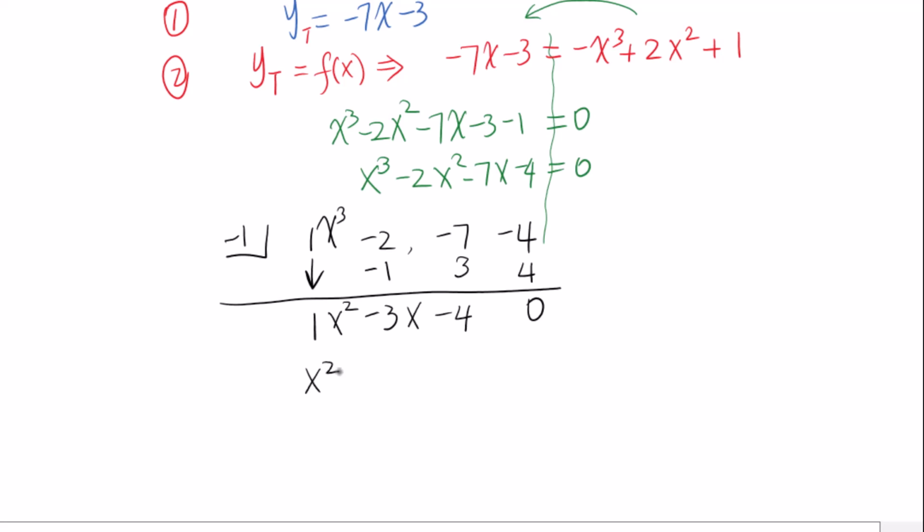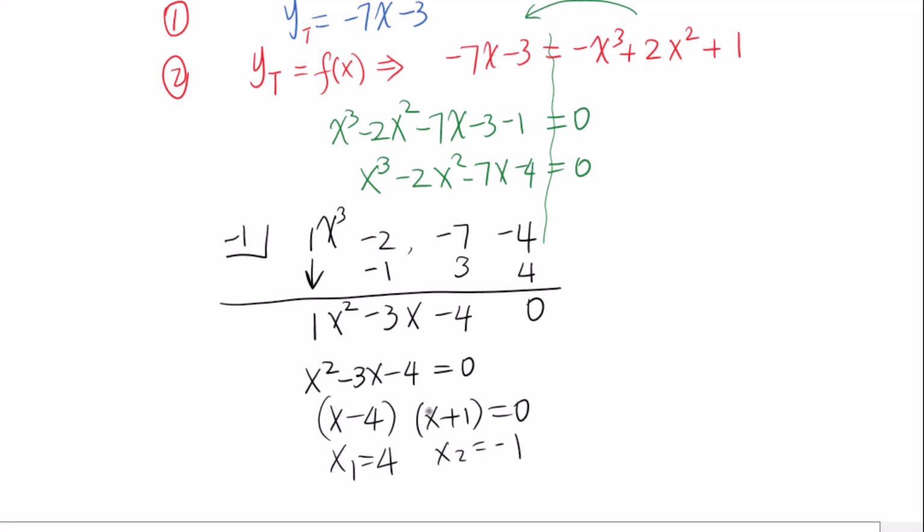We will make x squared minus 3x minus 4 equals 0. Factor: x minus 4 times x plus 1 equals 0. So we get x1 equals 4, x2 equals -1, which means this cubic equation has 3 solutions, which are -1, -1, 4. So the other intersection is x equals 4.